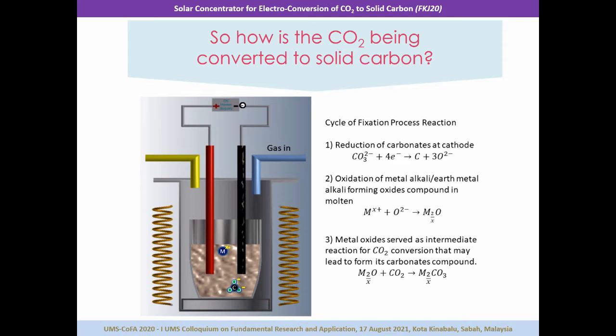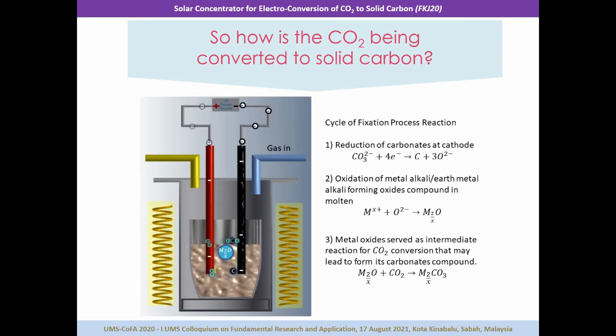There are three main reactions that occur during the conversion of carbon dioxide to solid carbons. As you can see from this figure, the electrons move from cathode to anode. So the reduction of carbonate at the cathode occurs, where CO3 2- receives 4 electrons and produces carbon on the surface of the cathode.